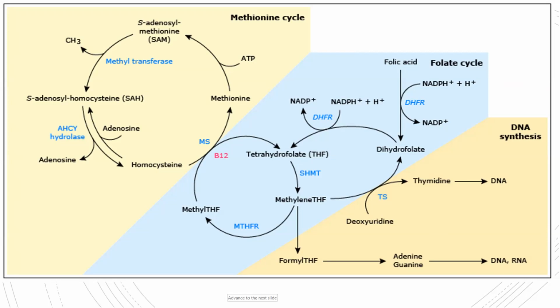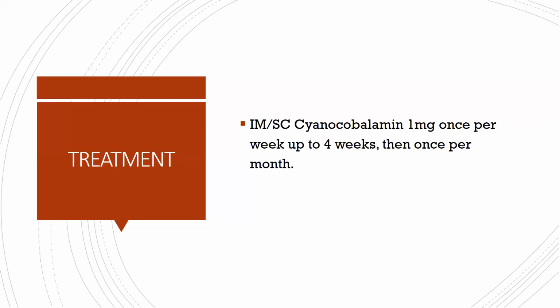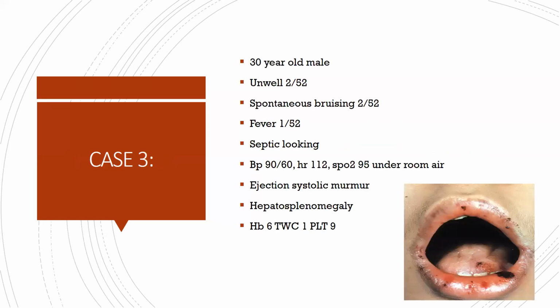The treatment for this, we can either give IM or subcut cyanocobalamin 1 mg once per week, up to 4 weeks, then once per month. After that, we monitor the vitamin B12 level and also the FBC to look at the response.